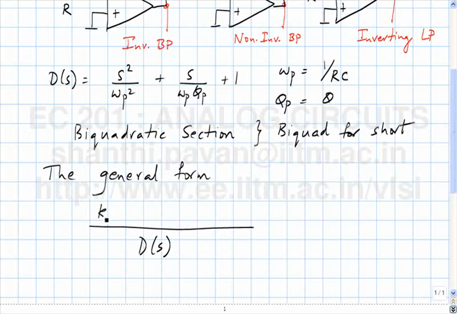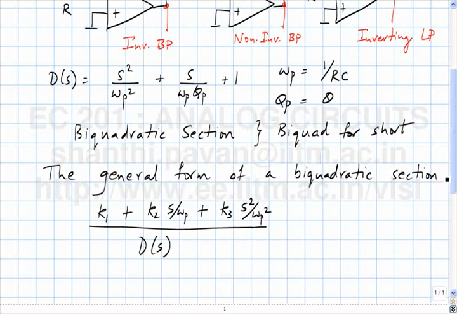So you would want to be able to realize a numerator of the form K1 plus some K2 times S by omega P plus some K3 times S square by omega P square. This is the general form of a biquadratic section.